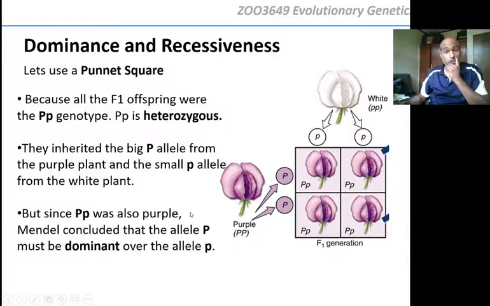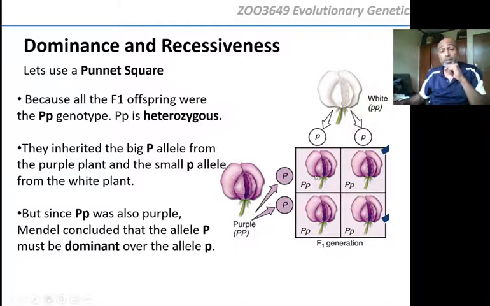So Mendel thought, why is that? I mated a white flower with a purple flower. Why do I get all purple offspring? So he had the very clever idea to mate the F1 with each other.